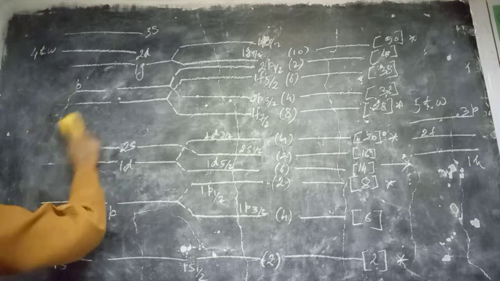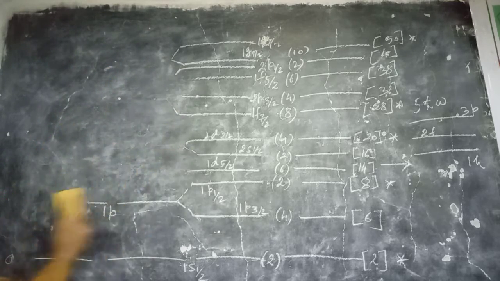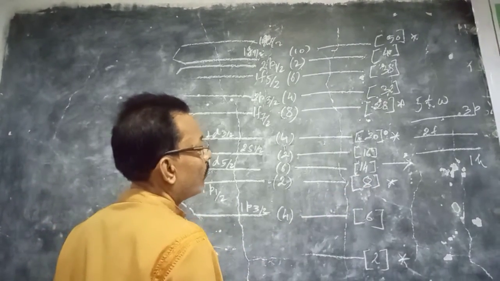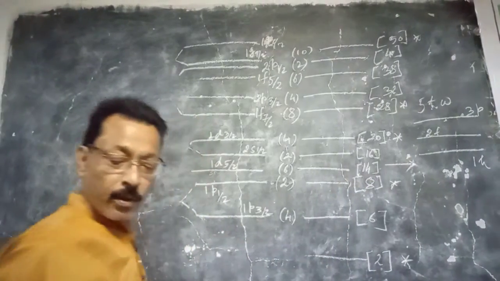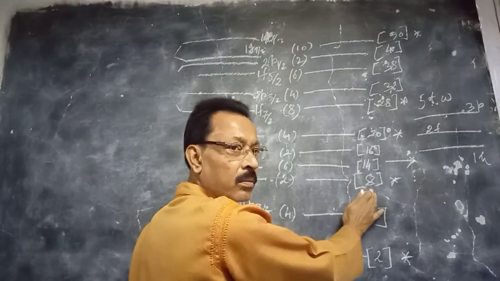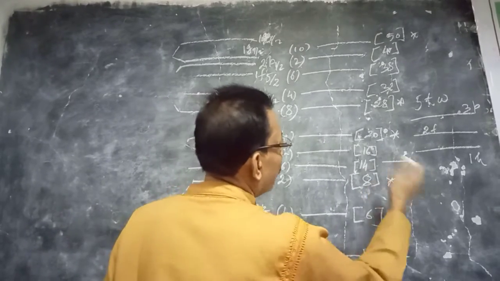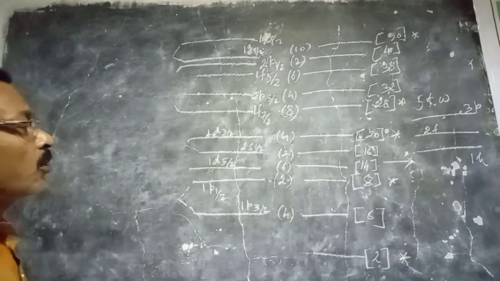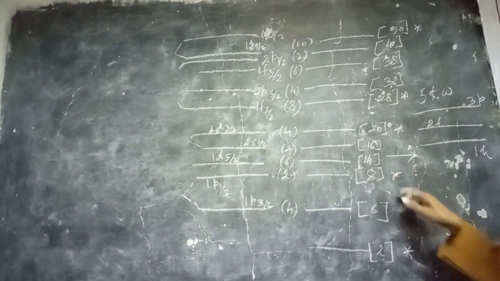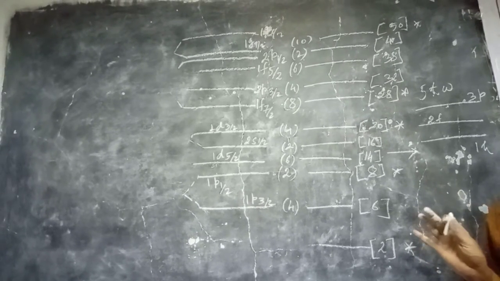Now, when the shells are completely filled, suppose here, all the neutron and proton energy levels are filled, either N equal to 8 or Z equal to 8, all the levels are filled. For the completely filled states, the ground state spin and parity will be positive parity and zero total angular momentum.